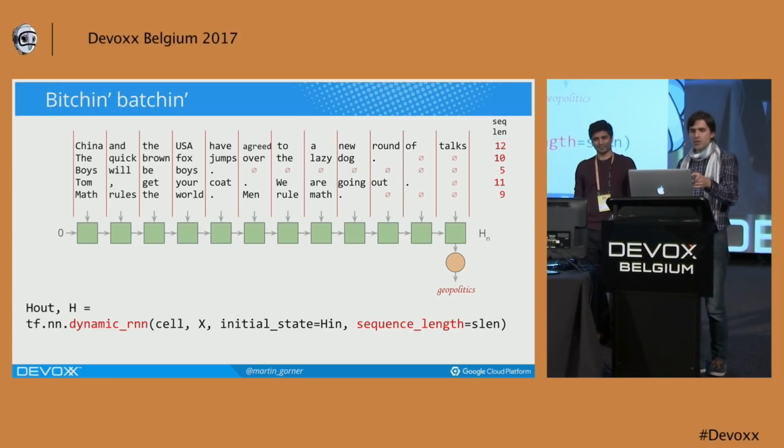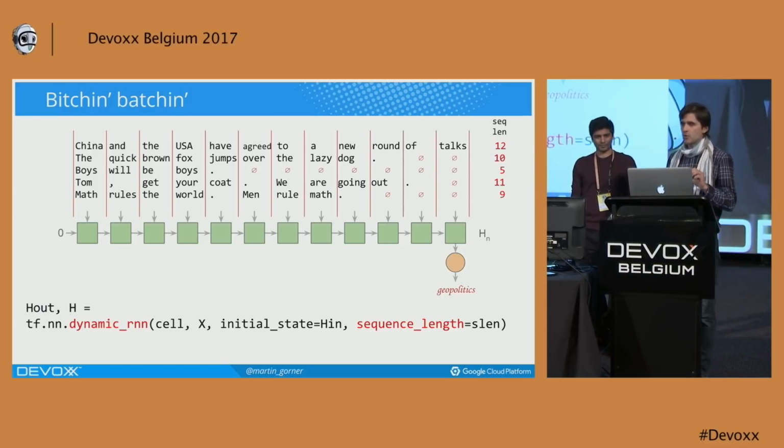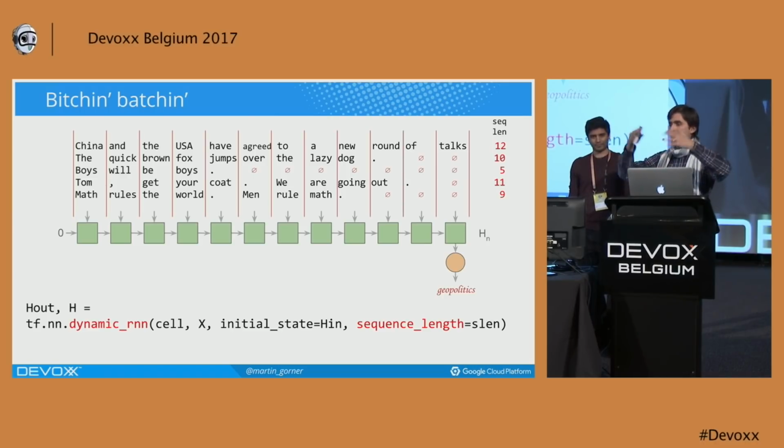But I want to share with you this function, dynamic RNN, that was quite recently added to TensorFlow, and which is very useful. This function is what does the unrolling of your RNN sequence. You give it 1 cell, and it produces a sequence of that cell unrolled across a certain number of steps.